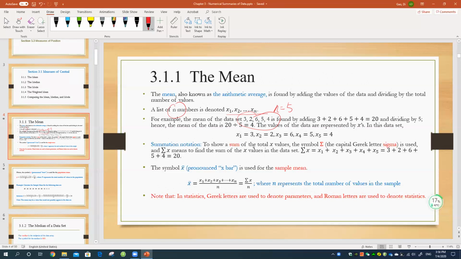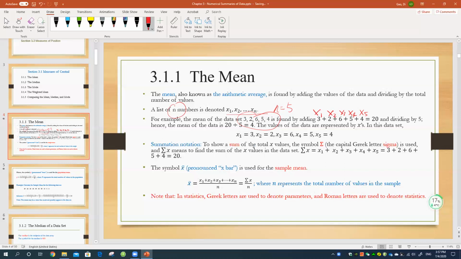So we're going to say x1 is 3, x2 is 2, x3 is 6, x4 is 5, and x5 is 4. So we're going to add up x1, x2, x3, x4, x5, and then we got a sum of 20, and then use 20 divided by 5, then the average is 4. So 4 is actually the average.